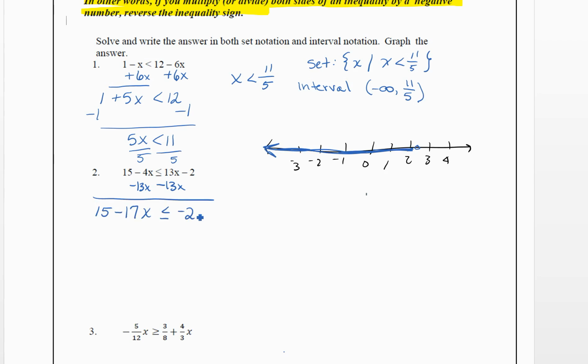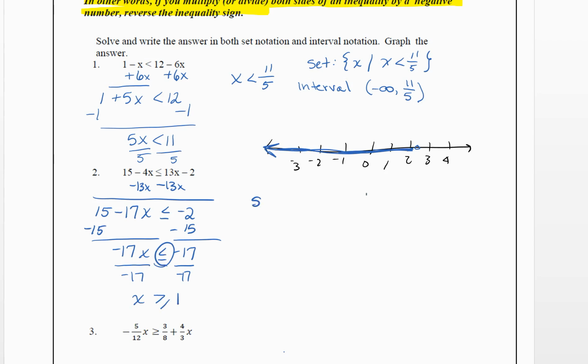Now I need to subtract 15 from both sides. So here I get negative 17x is less than or equal to negative 17. And finally, I need to divide both sides by negative 17. Now remember, we're dividing by a negative number, so we need to flip the sign. So this will be x is greater than or equal to 1.